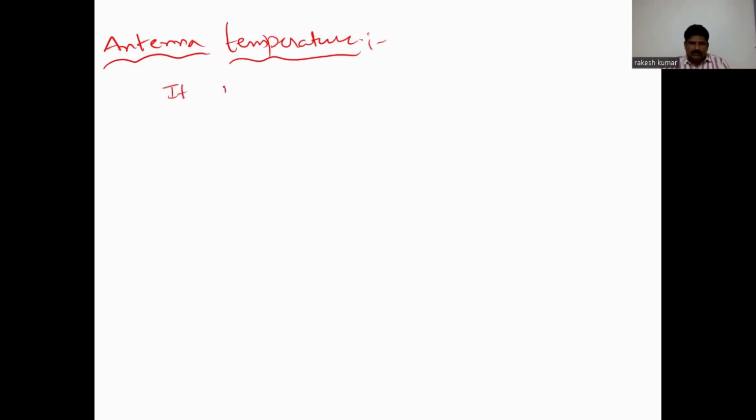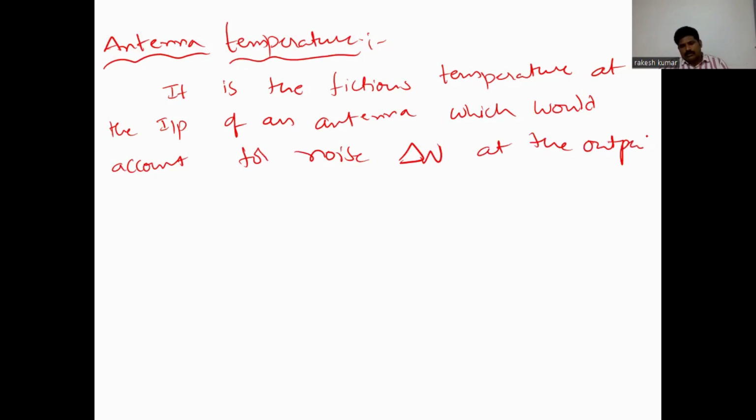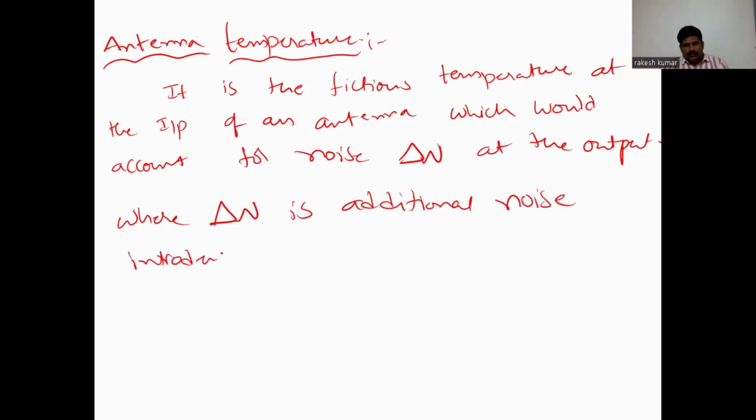So the definition of antenna temperature is the fictitious temperature at the input of an antenna which should account for the noise at the output, where delta is the fictitious noise introduced by the antenna itself.